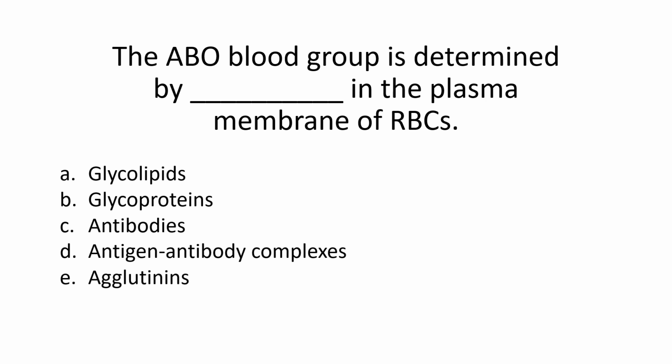So the ABO blood groups are determined by the glycolipids A in the plasma membrane of the red blood cells.